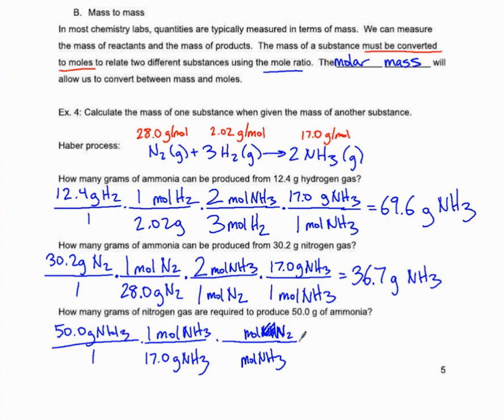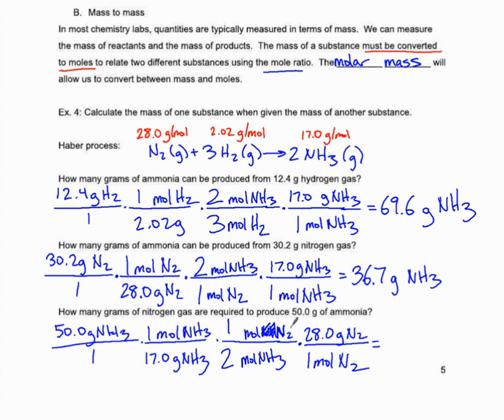And the coefficients here, there are 2 ammonias in the balanced equation, 1 nitrogen in the balanced equation. We don't want our answer to be in moles of nitrogen gas, and so we're going to change it to grams, doing that with the molar mass. 28.0 grams nitrogen on top will give us mass.